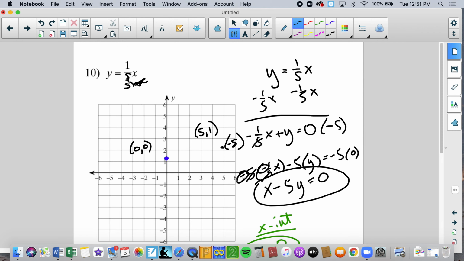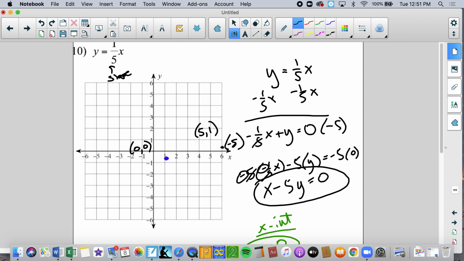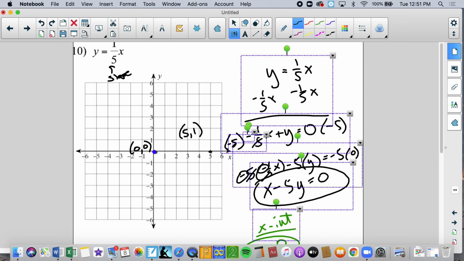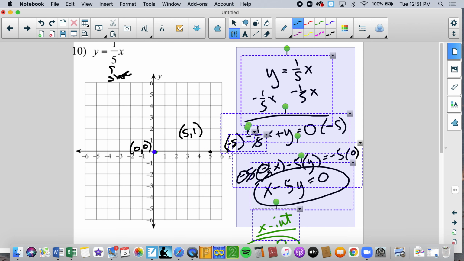Let's, oh, crud. That's the slope. Let's move you guys over a little bit.